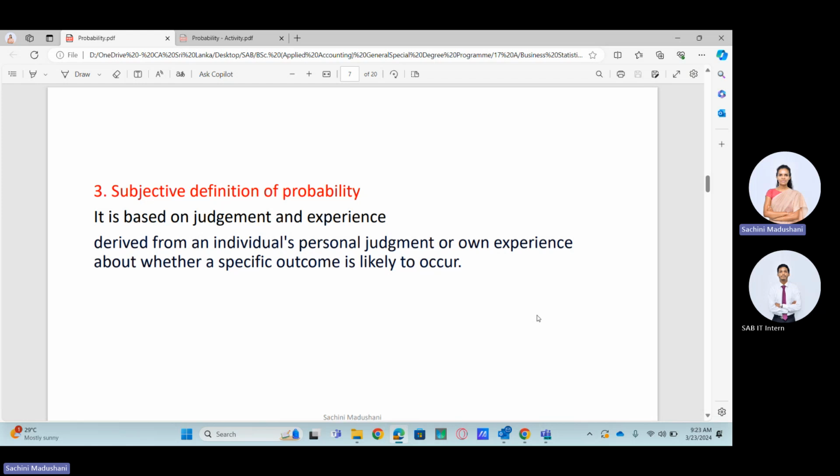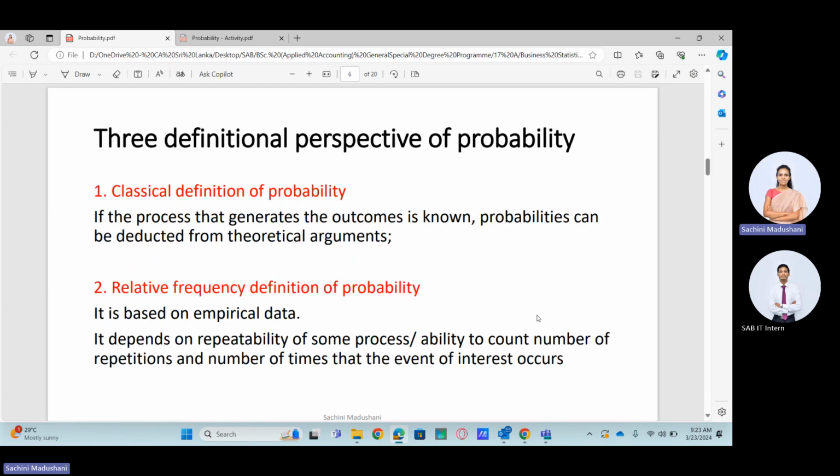Understood? Probability is the numerical measure of uncertainty, and there are three perspectives from which we can define it. The first one is the classical approach. Classical means we express the probability based on theoretical arguments, and we can always prove it. Getting a head has a probability of 0.5.